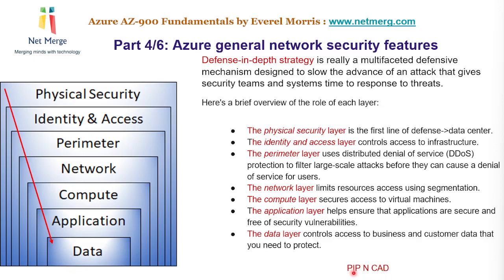So the P is for the physical security, the identity, the perimeter, the network, the compute, the application, and the data. So you get an idea. It's nothing really critical, it's just my personal way of doing it, and I just want to share it with you. It's a lot that we're trying to absorb in a real quick time frame. So if it helps, it helps. If it doesn't, that is just my personal way of doing it my way.